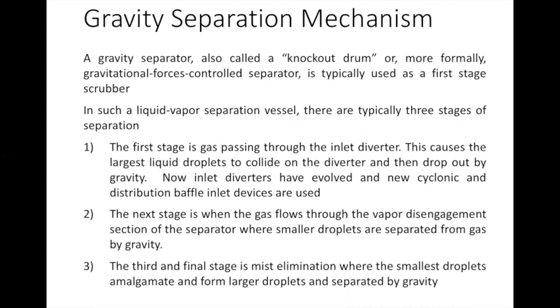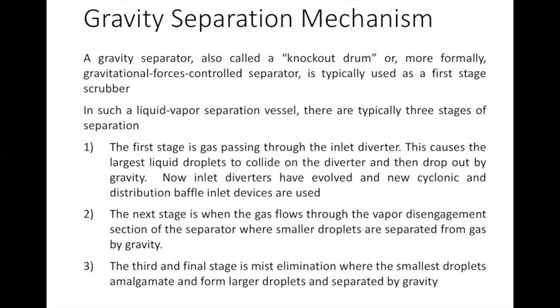And you see there are three stages associated with the gas separation mechanism. The first stage, you see, is the gas passing through the inlet diverter, right? Here the gas hits the inlet diverter, and there is momentum loss, and due to that the initial separation is done.